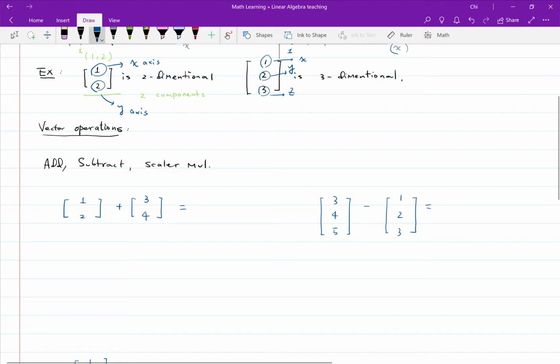So if we follow that rule, let's look at the first component: 1 plus 3, we get 4. And then let me mark them with colors. For the second component, you have 2 plus 4, which is 6.